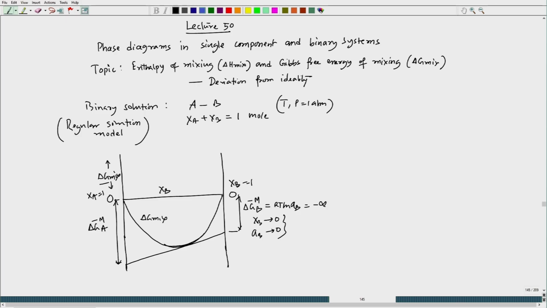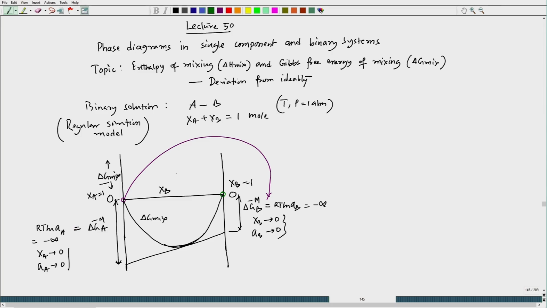So, at this location, this applies. And when we talk about this one, which is R T ln a A, that goes to minus infinity when x A tends to 0, a A tends to 0. That point corresponds to this.